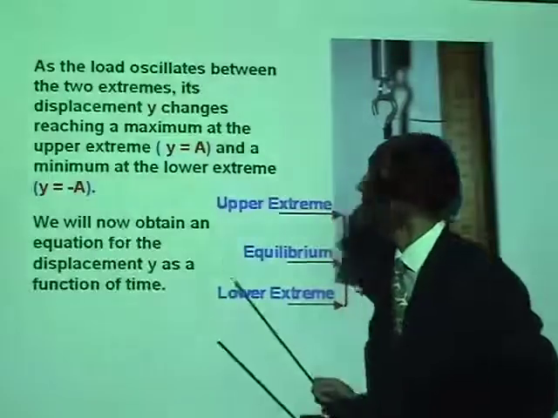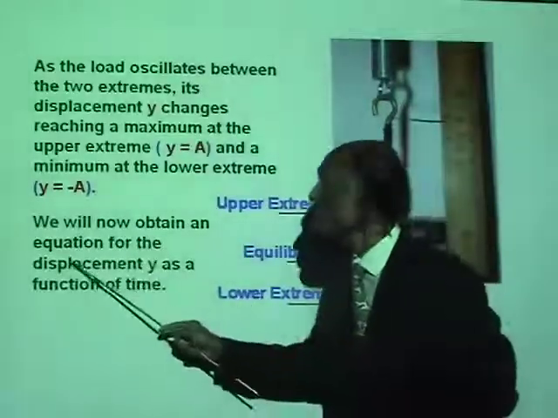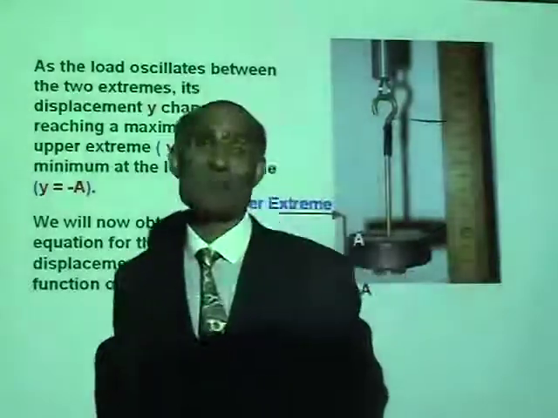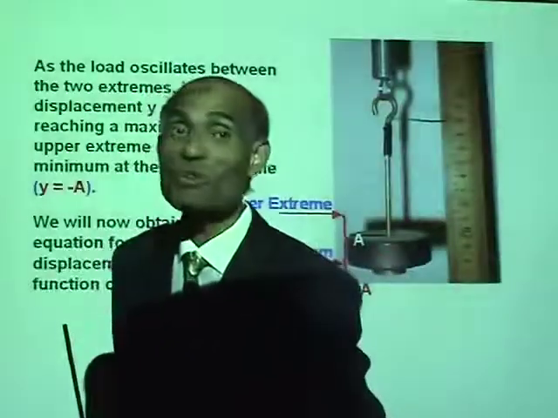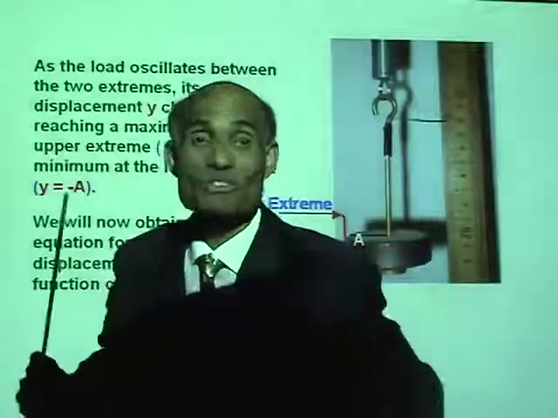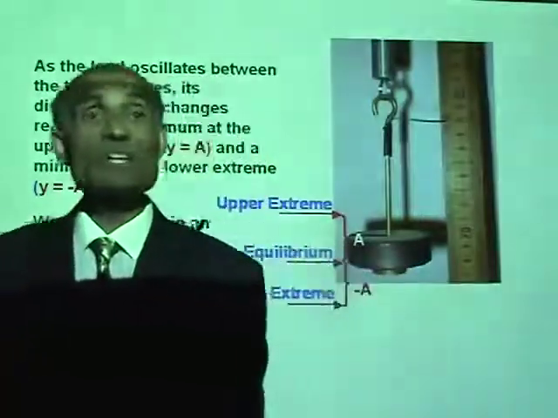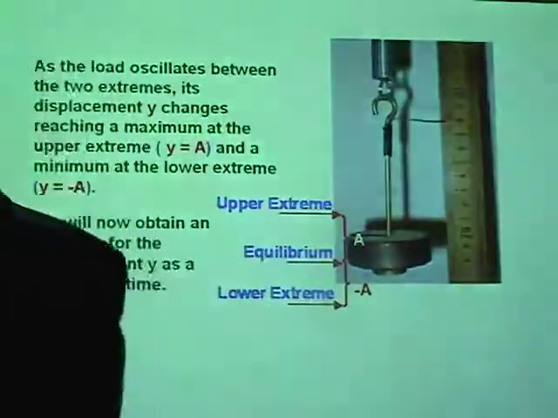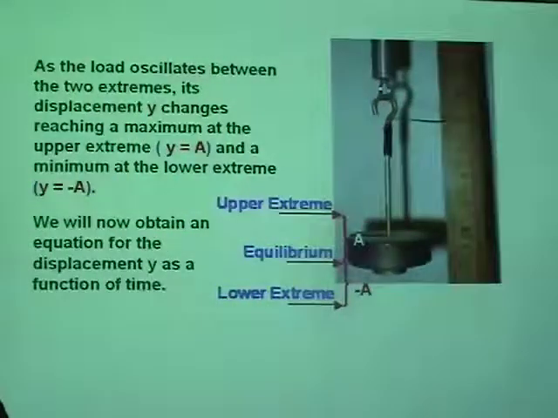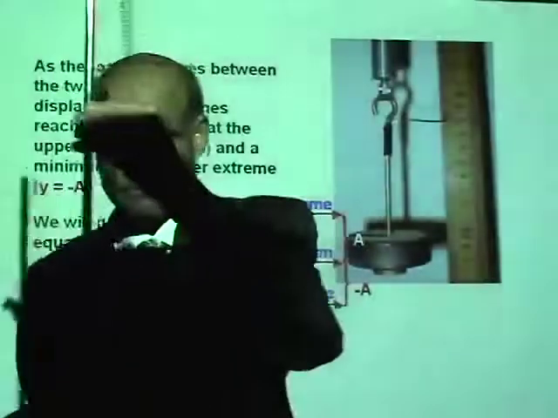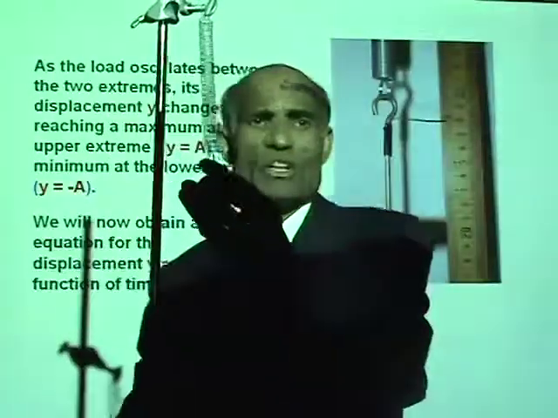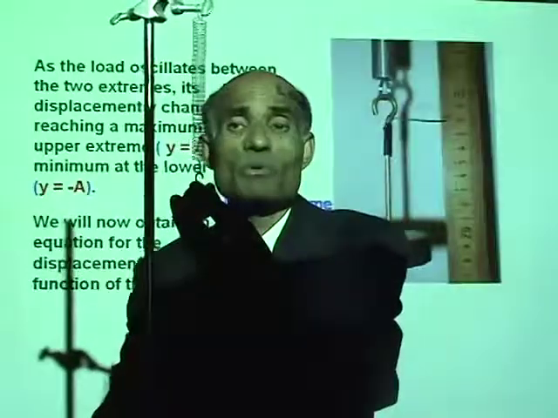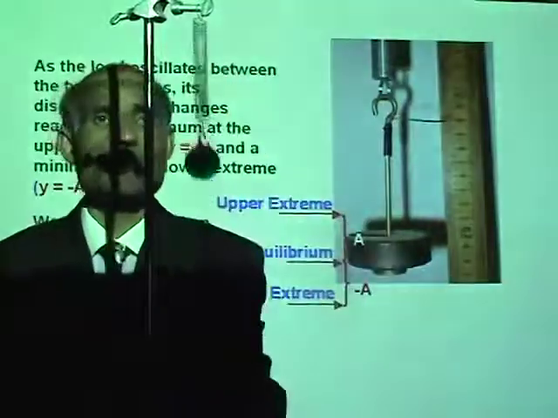We will now obtain an equation for the displacement y as a function of time. Well, and that is the most important part of this discussion. We now need to represent the equation for the displacement, in other words, as the load oscillates between an upper and lower extreme.